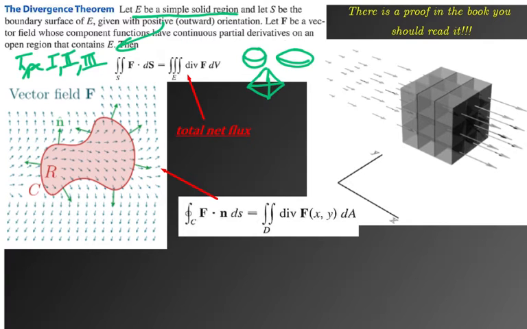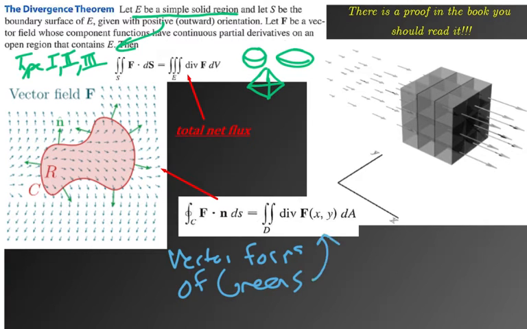And there is a really big connection here back to something we've already seen. This down here is one of our vector forms of Green's.